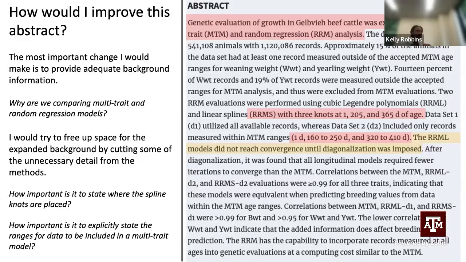Random regression models provide the ability to have a framework that allows for continuous modeling of covariance and therefore including all available information for genetic evaluations. Now, again, that sentence was way too long and rambling.